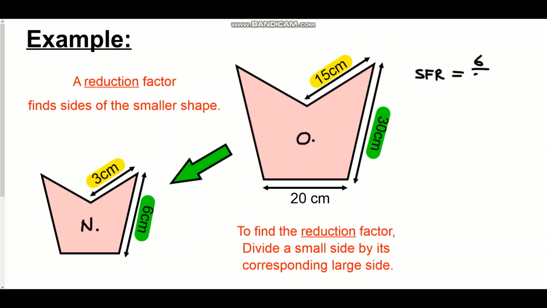So I'm dividing 6 by 30. Again, if I want to simplify that down, I need to think about my times tables. What times table are 6 and 30 both in? They're in the 2 times table and the 3 times table, but the biggest one is they are both in the 6 times table. So I'm going to divide by 6 to make an equivalent fraction that is simpler. Fully simplified, this is 1 over 5.